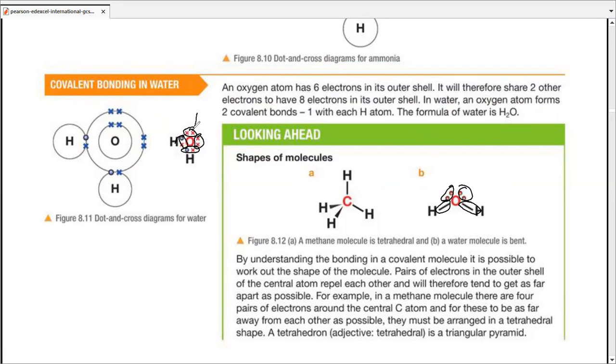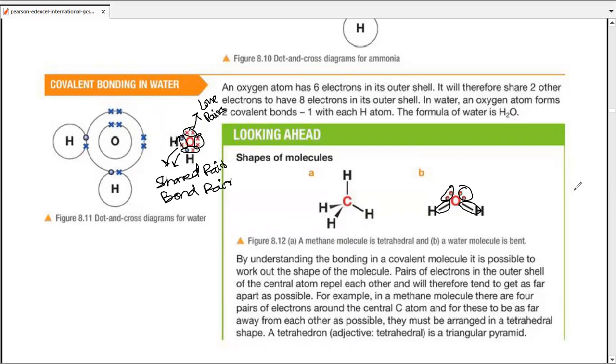As these pairs only consist of crosses, we call them lone pairs. However, these pairs which consist of cross and dot, we call them shared pairs. Actually, we have 2 names for them. We may call them a shared pair, or a bond pair as they're involved in bonding.